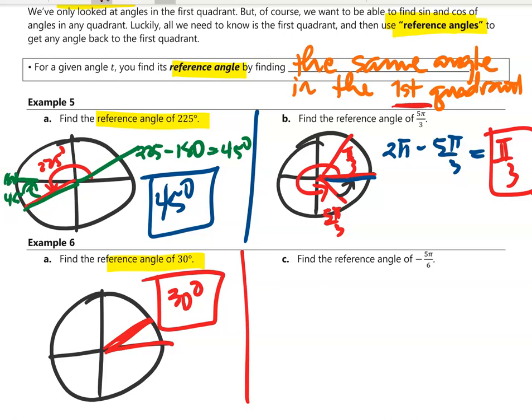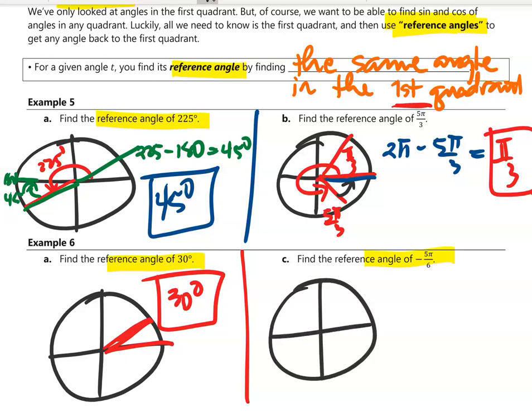Letter C, find the reference angle of negative 5 pi over 6. Where is negative 5 pi over 6? This is negative 5 pi over 6.